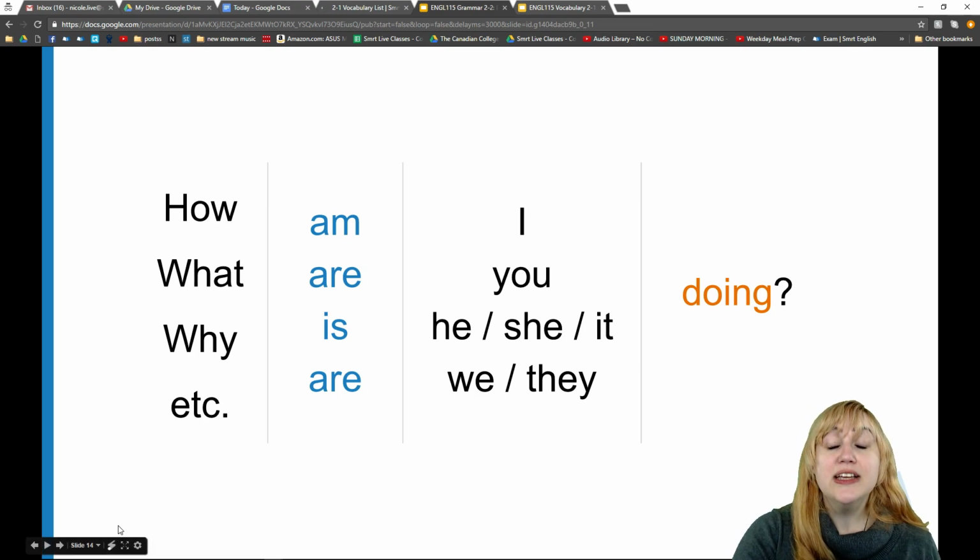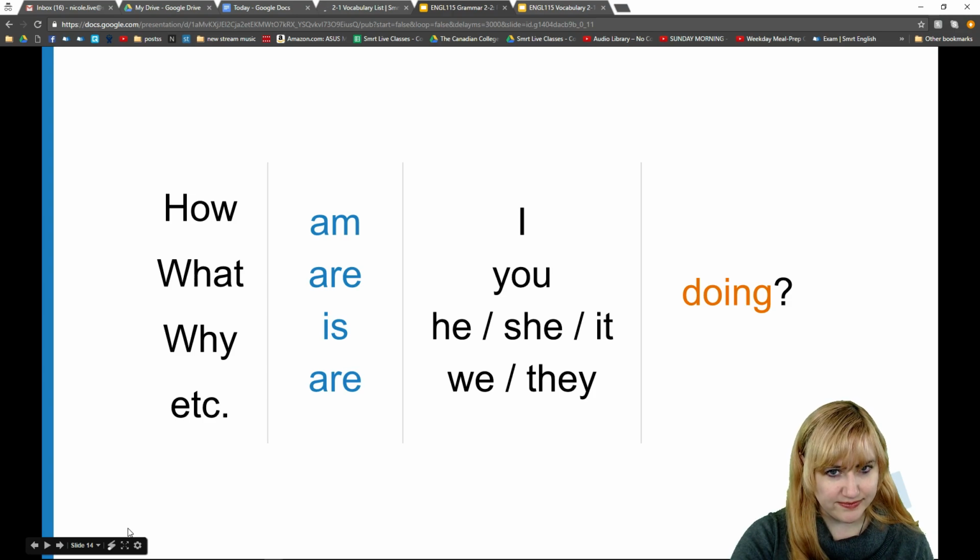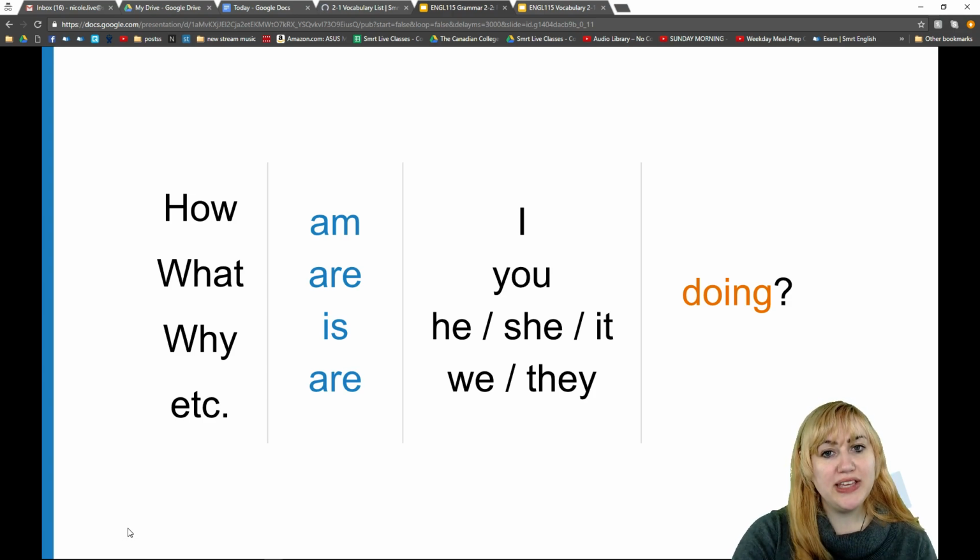All right, so that's the easy part. The hard part, of course, is when do we use, how do we use present continuous? So let's take a look.